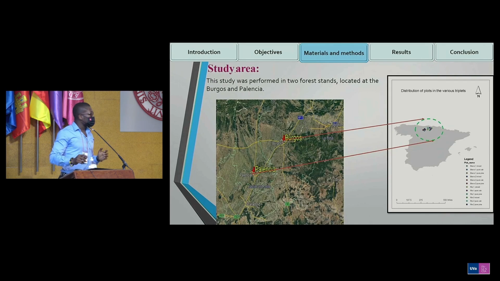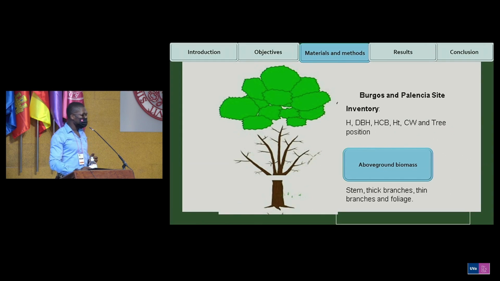Due to time constraint, I'll try to sum up a little bit faster. My research work was done in Burgos and Palencia. The parameters we mostly measured were the leaves, the branches, and the stem.